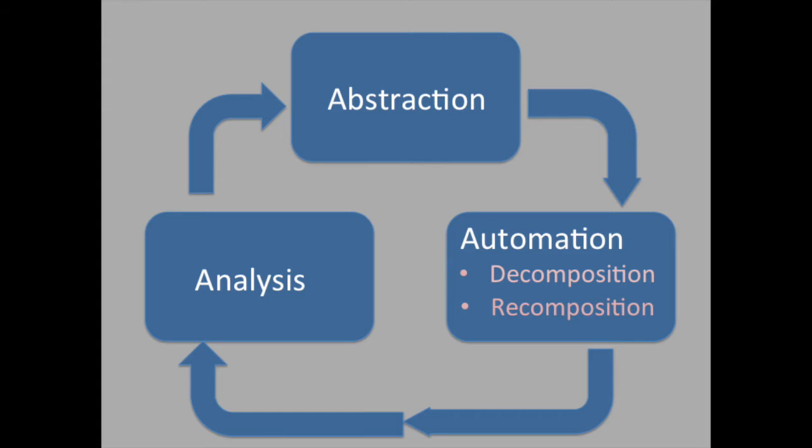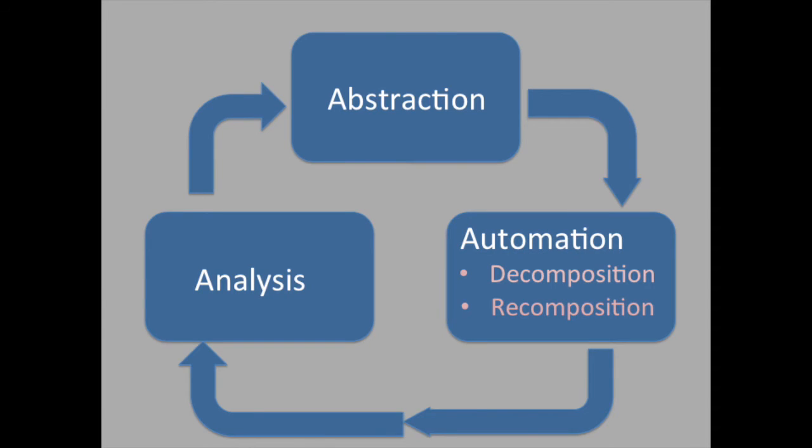These processes of decomposition and recomposition form part of a larger process cycle. That process cycle starts with the concept of abstraction, which we've looked at before, that is, simplifying the problem by getting rid of unnecessary details. Once we have an abstraction for the process, we go into the phase of automation, and that includes the two processes we've just looked at, namely decomposition and recomposition.